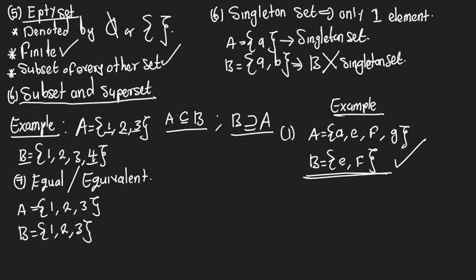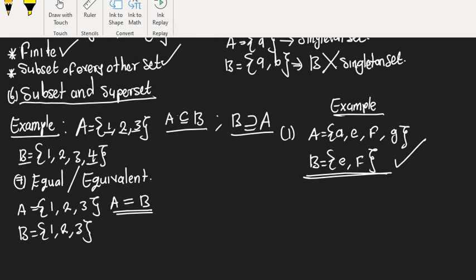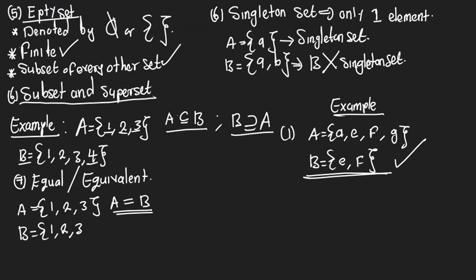Notice that the elements in A and B are equal. They are the same. Henceforth, A is equal to B. But if at all we had 4 there, then we would say that A is not equal to B. And that is correct, because A is not equal to B.